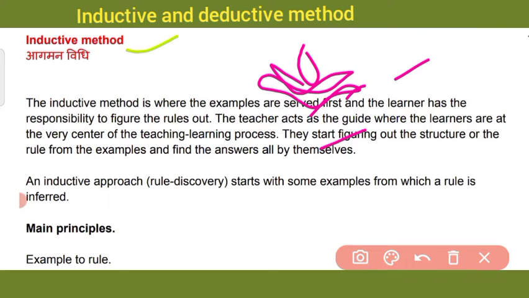Then this type of method is known as inductive method. First the teacher shows or gives examples, and through that explains all the content to the students.